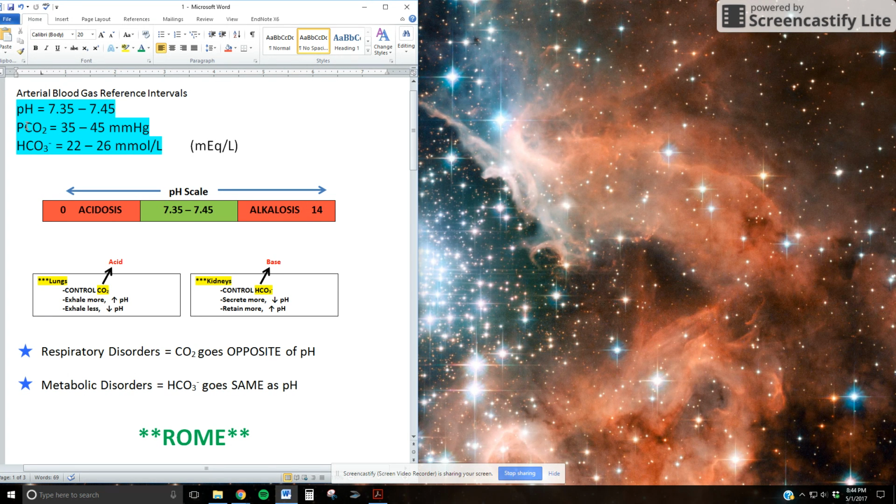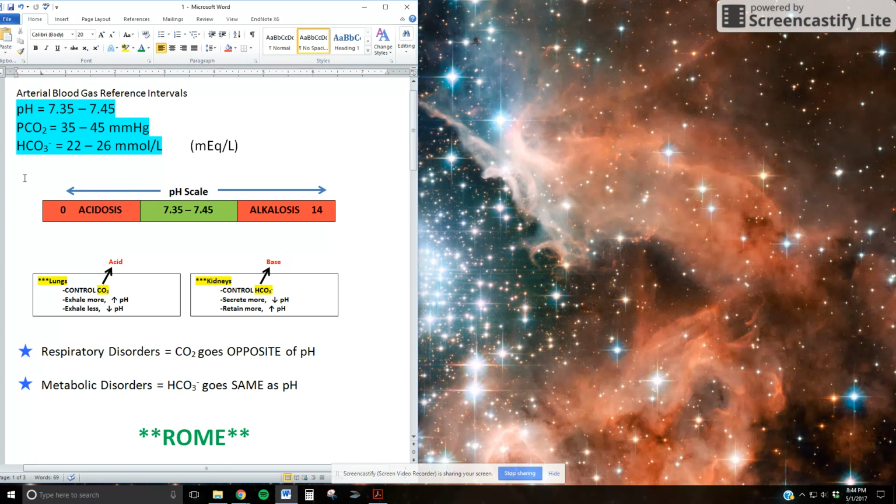Just to jump into it, in these problems, when they give us a problem, they'll give us different measurements or lab values, and usually the arterial blood gas measurements will consist of the pH, the PCO2, the partial pressure of carbon dioxide, the bicarbonate, and they'll also sometimes throw in the partial pressure of oxygen or dissolved carbon dioxide.